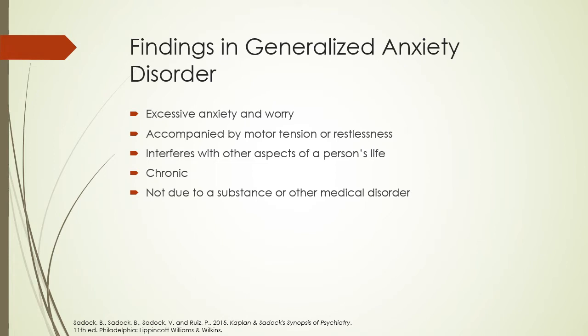This interferes with other aspects of a person's life, such as his work, his school, his or her family life, and his or her relationship with others, and in general, his or her functioning. This is chronic, lasting more than 6 months, and this is not due to a substance or other medical disorder.